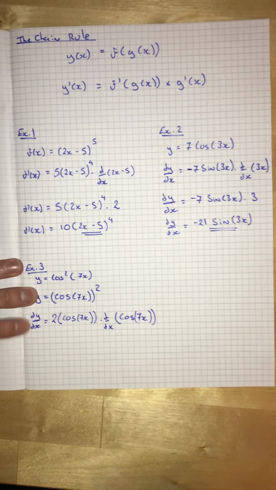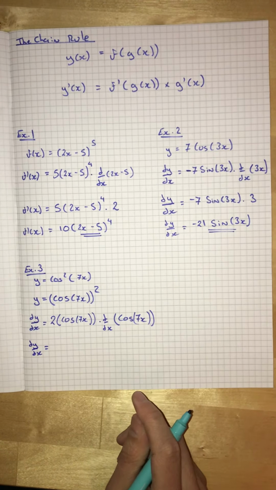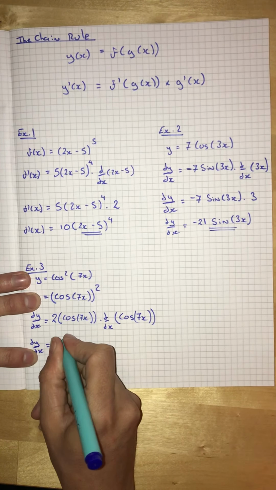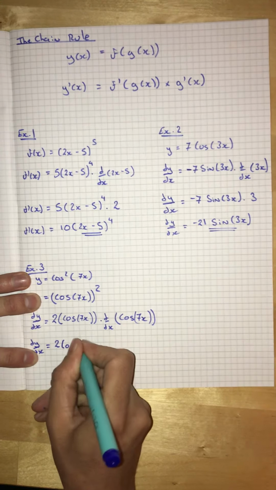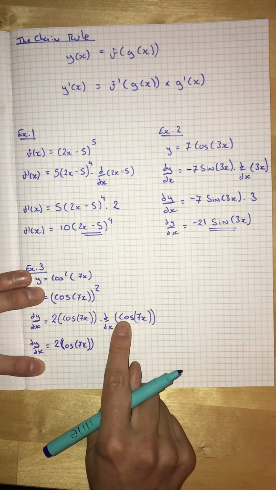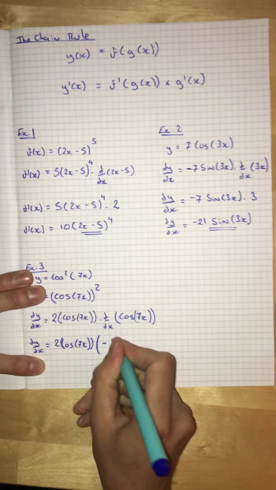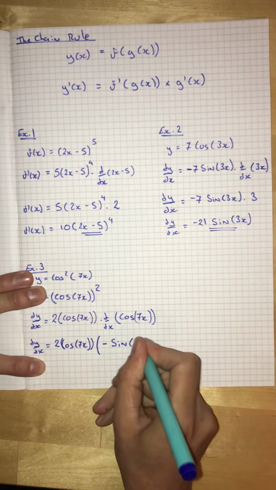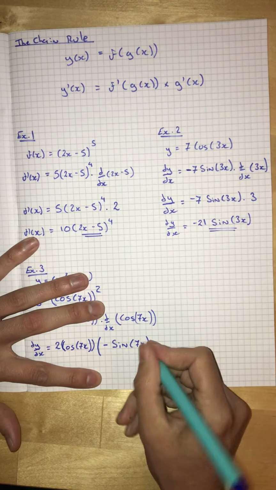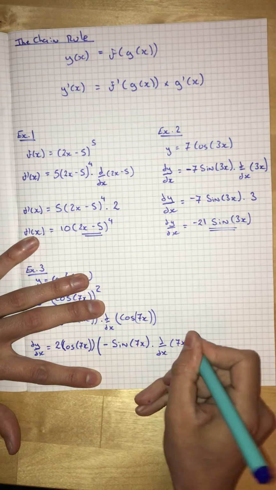Okay, so then the next thing we'll do is we'll differentiate cos 7x. Differentiate cos, you get negative sine of 7x, but then we need to differentiate what's inside that function, which is a 7x, so it's going to be multiplied by the derivative of the 7x.